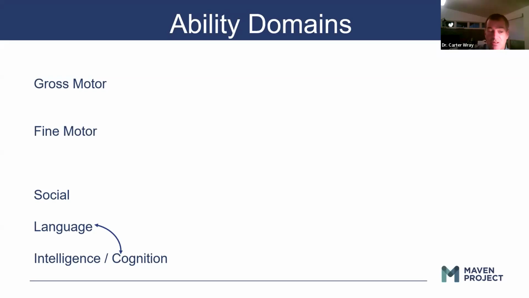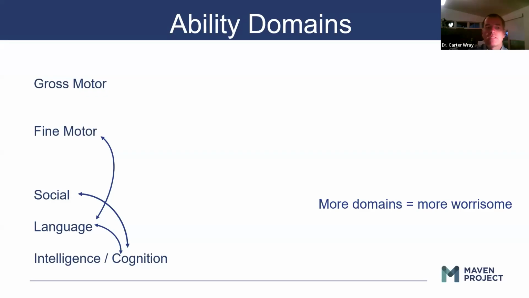And to some extent, we use language as a proxy in the first few months of life for intelligence and cognition, even though they are to some extent separate. Certainly social interaction also has a lot to do with cognition. Fine motor will, as the lips and the mouth are able to move, impact whether or not a child is able to make verbal or oral language.